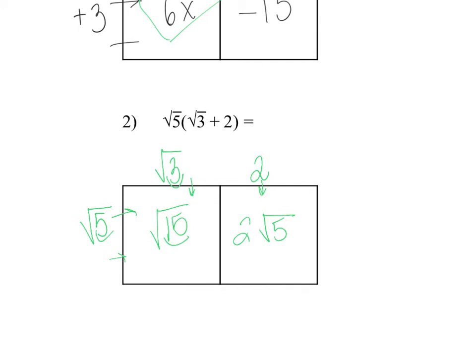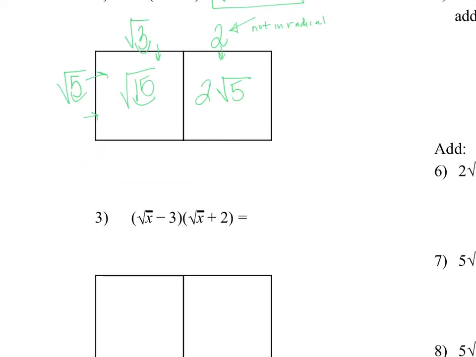We don't normally have that written, but that's what's implied. And this one was not written as radical 10 because 2 is not in a radical. So there are no like terms here, which would become radical 15 plus 2 radical 5. There's nothing I can do with that.